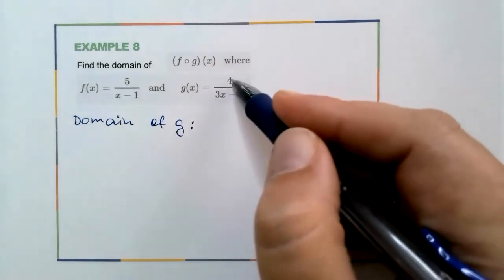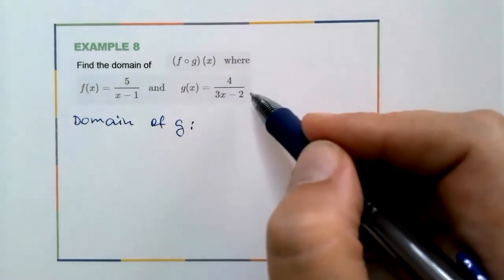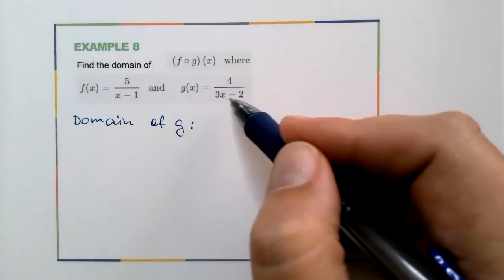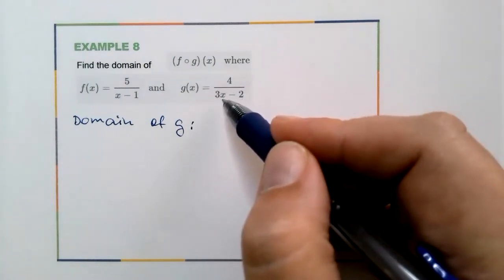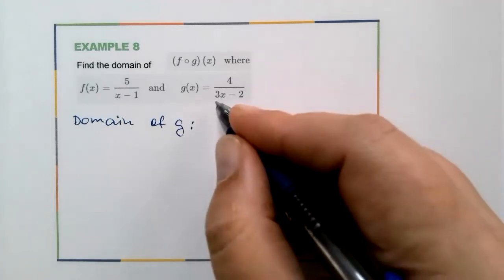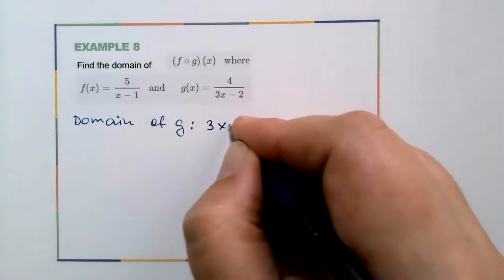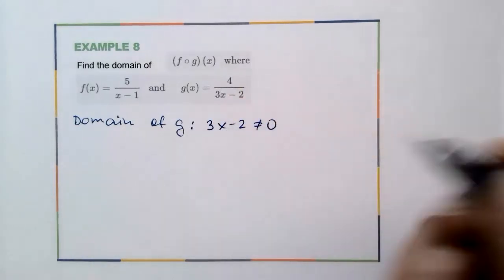Well, g is a rational function, and the only restriction it has is that the denominator should not equal 0. So 3x minus 2 should not equal 0.